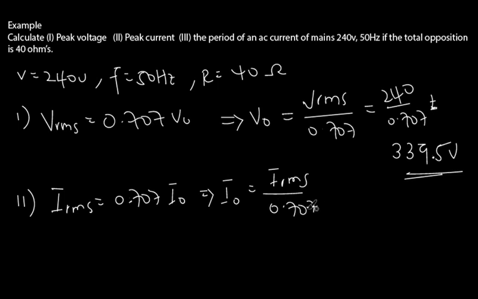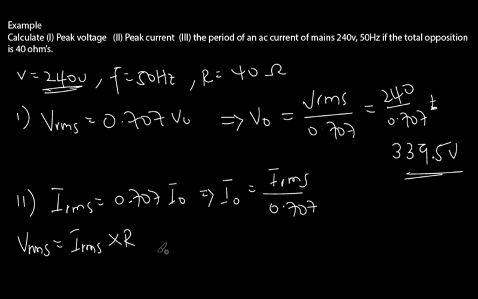Now there's a problem here. In the first instance we were given the root mean square voltage, but in this instance we don't have the root mean square current, so we need to find it. How do we find it? We use Ohm's law. The root mean square voltage is equal to the root mean square current times the resistance.